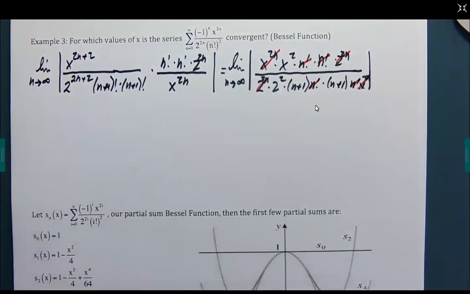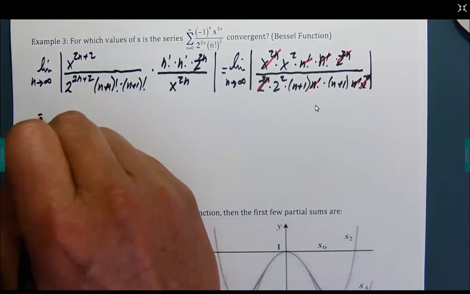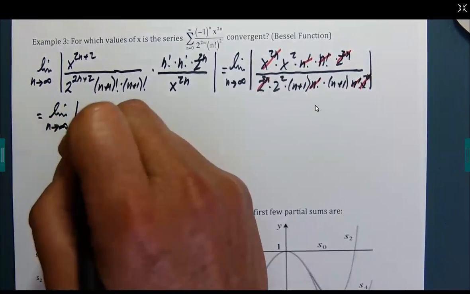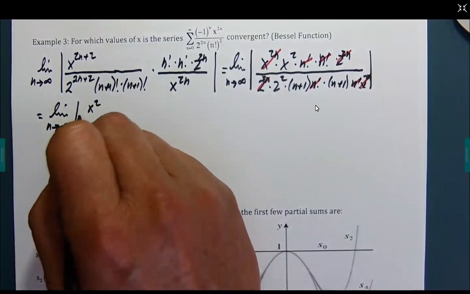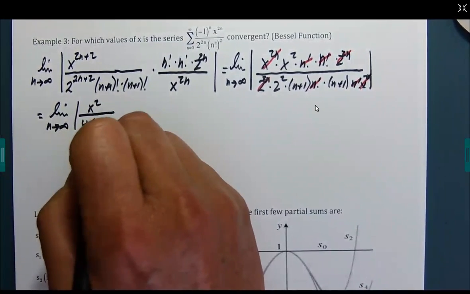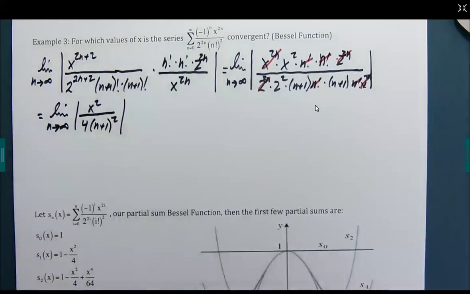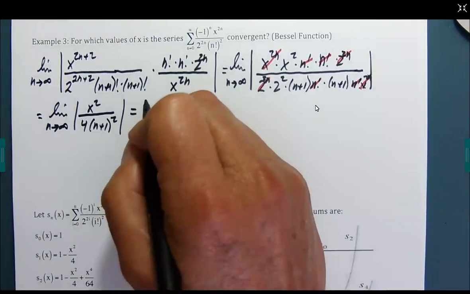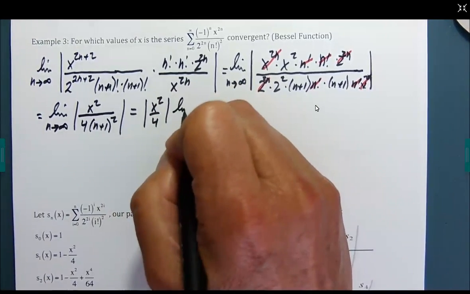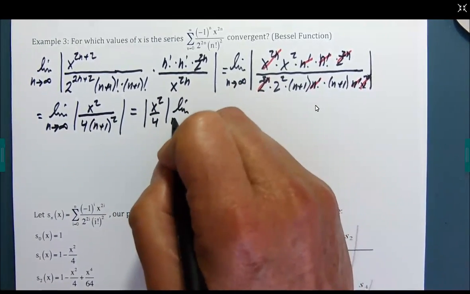And in the aftermath of the bloodbath, we have absolute value of x squared up top. Down below, we have 4 times (n plus 1) squared. To be clear, again, the x and the 4 have nothing to do with n.